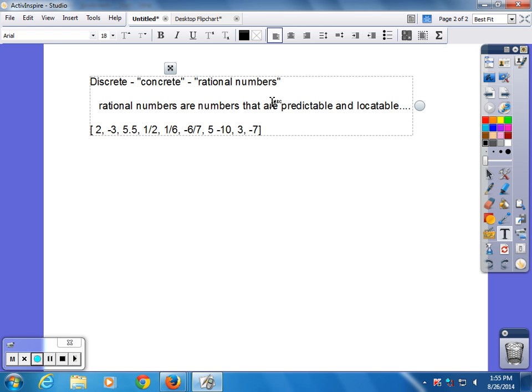All right, why are those numbers predictable or locatable? I'll even add one more. Oh, well, I'm going to add them below it.